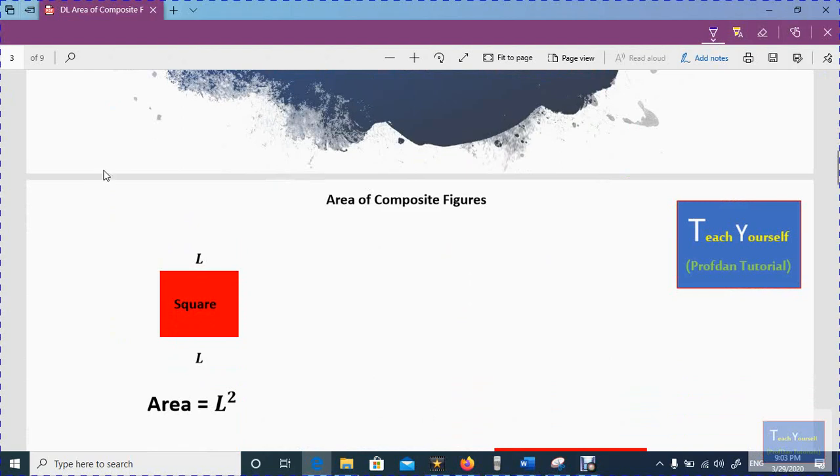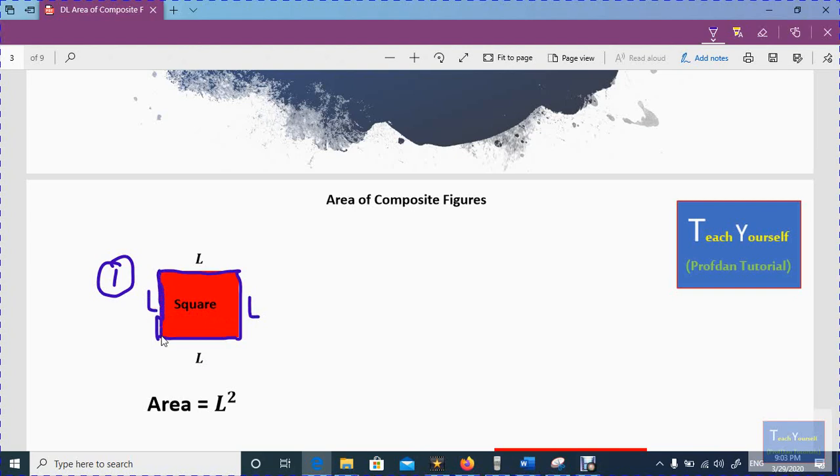A square has four sides, and all the sides are equal. If we say one side is referred to as length, that is, all the remaining sides are also length.